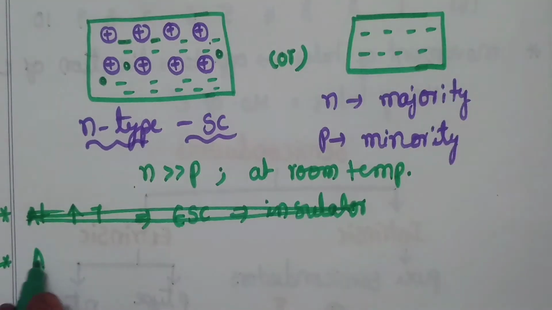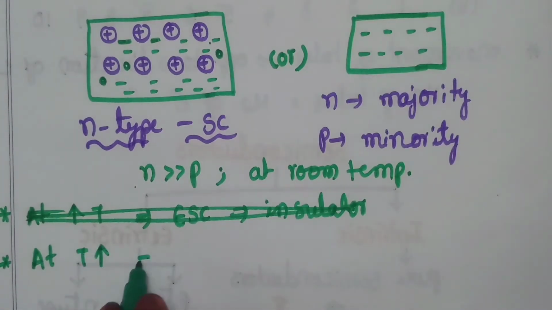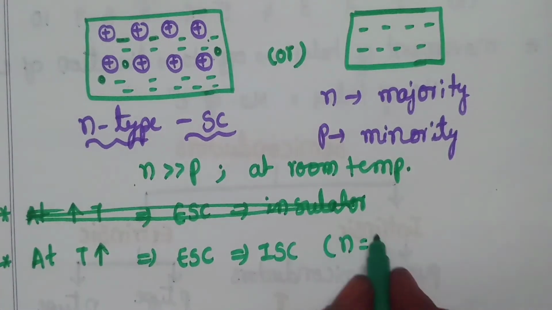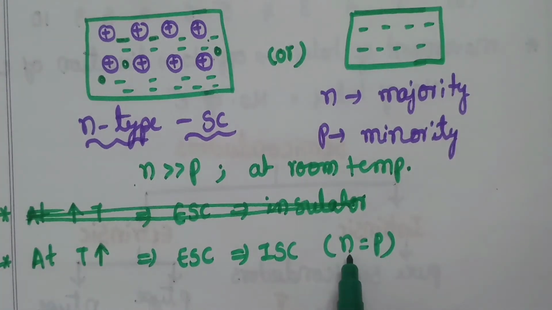At high temperatures, if the temperature is more, then the extrinsic semiconductor will behave like an intrinsic semiconductor. That means n is equal to p. When the number of electrons is equal to the number of holes, then it becomes an intrinsic semiconductor at high temperatures.